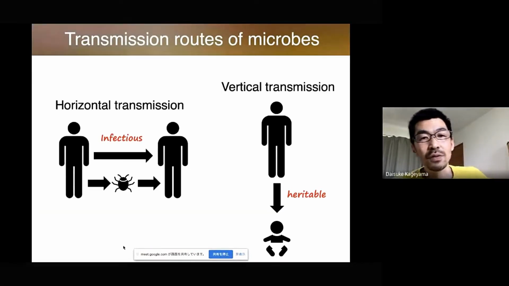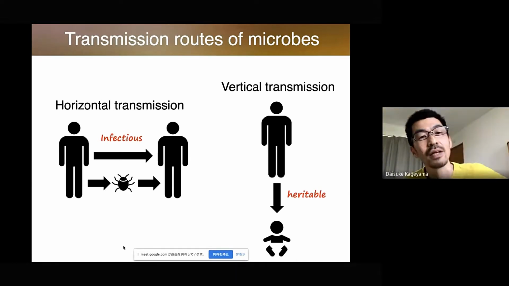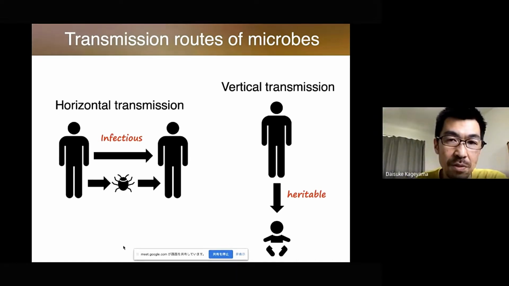So today I'm going to talk about the bacteria and other microorganisms. As many of you know, some of the microorganisms are free living, but many others are very deeply associated with other organisms, typically with eukaryotes, many different kinds of eukaryotes.